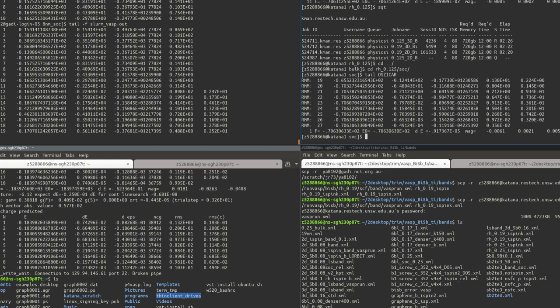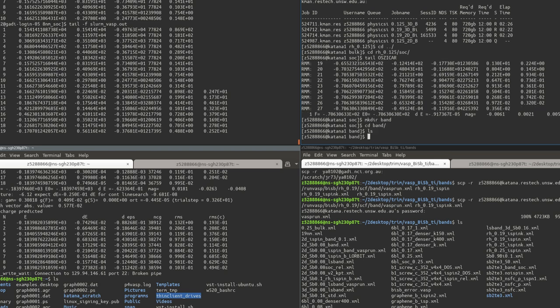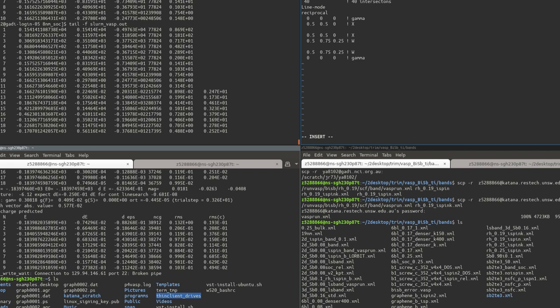Make directory band structure. Nothing is here. Let's create the kpoints file and insert those lines. So this is the comment line.